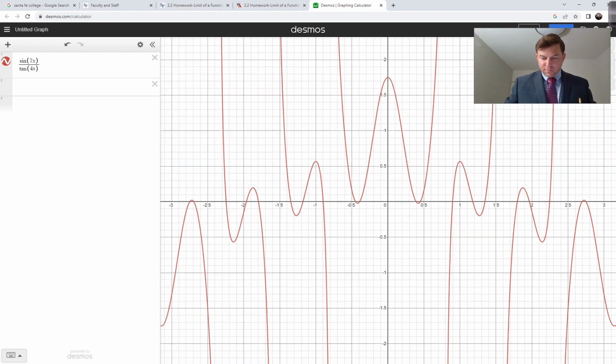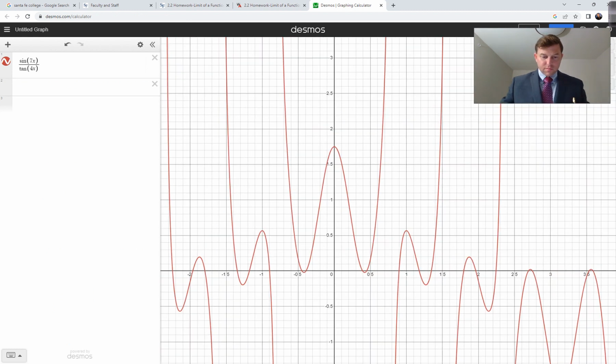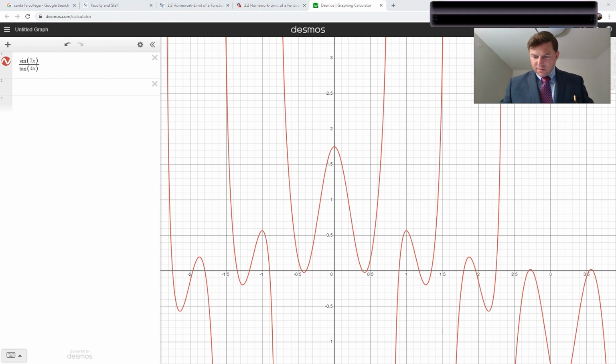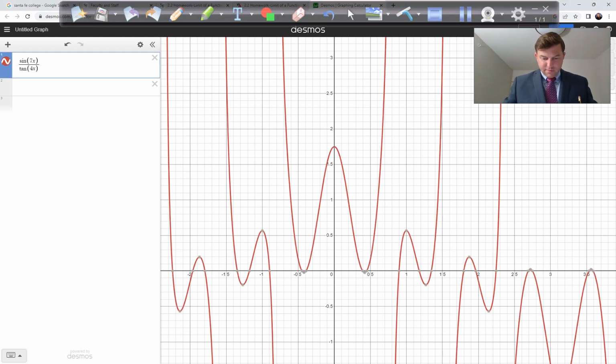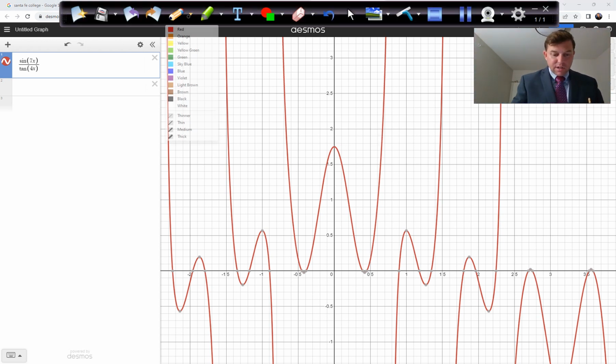So as you zoom in, the limit for this graph would be this value. It's interesting. If you click on 0, it says undefined, because if you type in 0, tangent of 0 is 0, you get a divide by 0 error. But you can clearly see there is an answer here. It is approaching this y value from the left and this y value from the right.